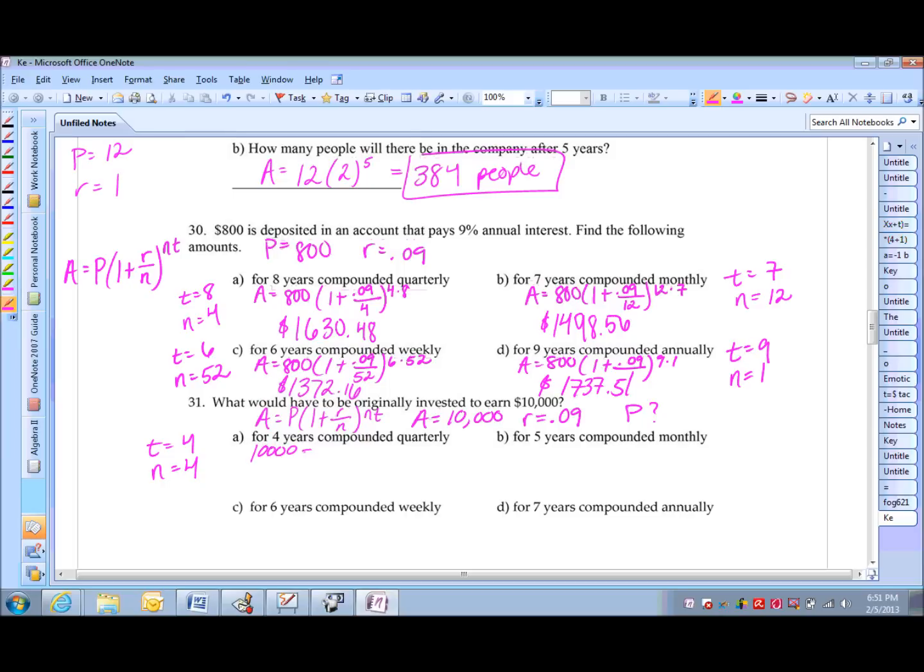And we get 10,000 equals P, what we're looking for, times 1 plus 0.09 over 4 raised to the 4 times 4.